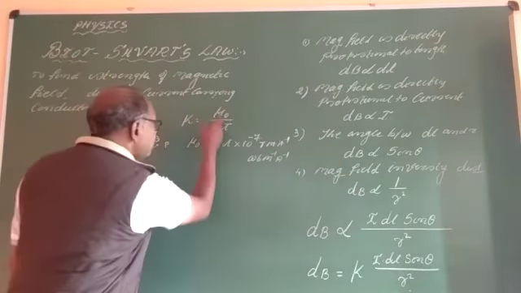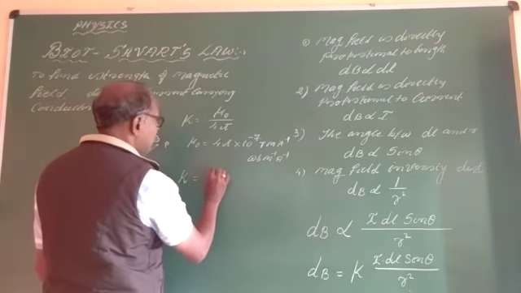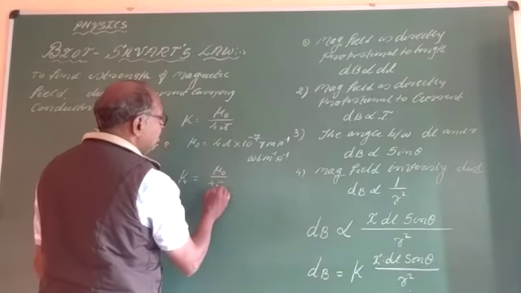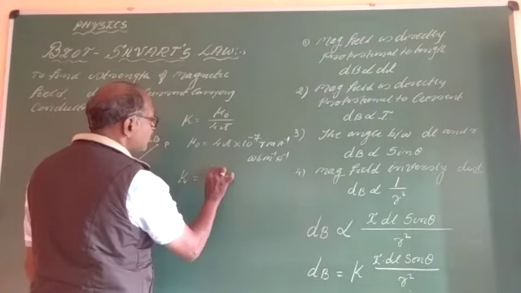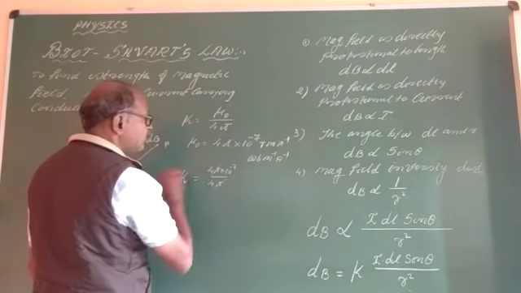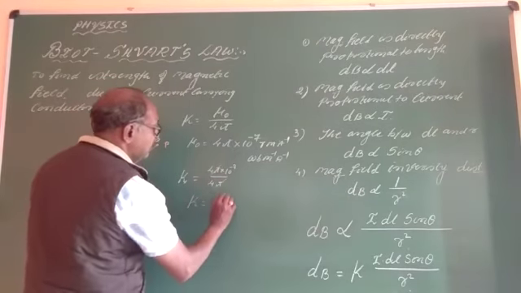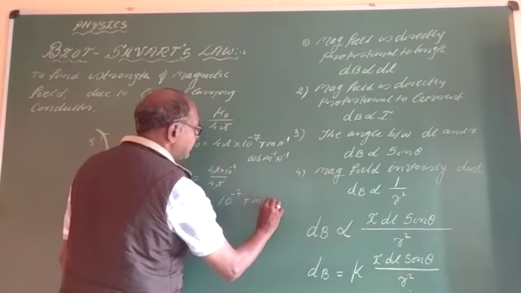So on substituting this here, what is the value of K? K is equal to mu naught divided by 4 pi. So mu naught value is this much, so I will substitute here: 4 pi into 10 to the power of minus 7. So 4 pi and 4 pi get cancelled. The value of K is nothing but 10 to the power of minus 7 Tesla meter per ampere.